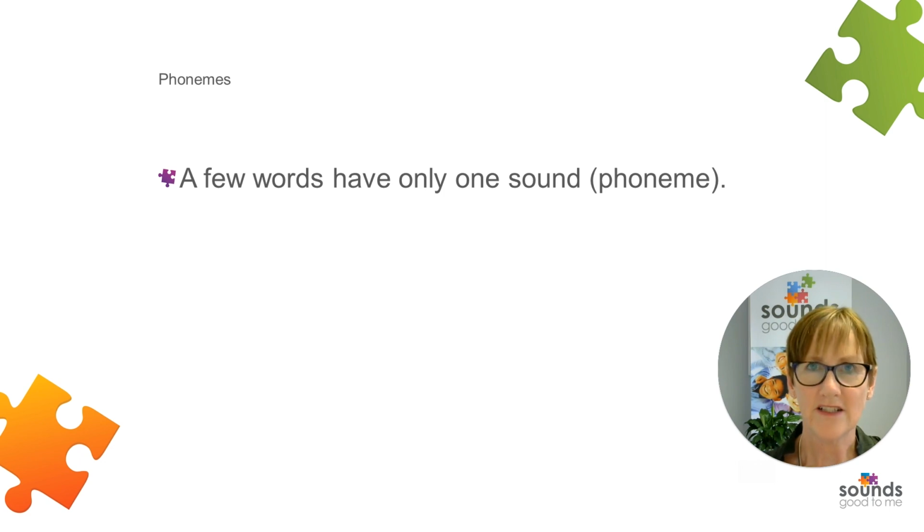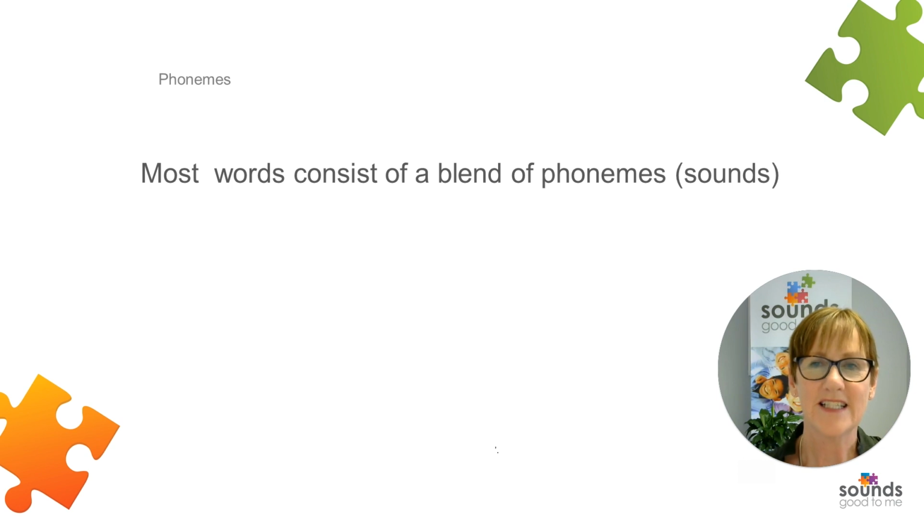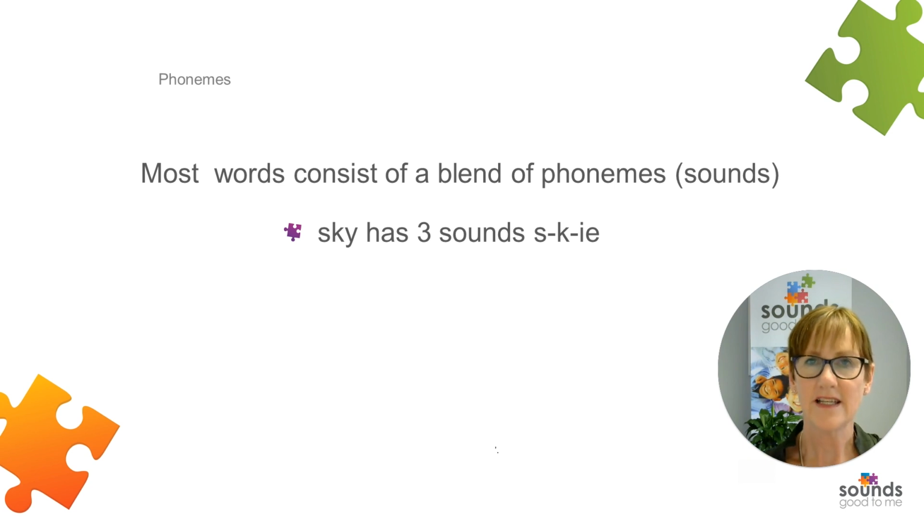A few words in English have only one phoneme or sound. So a has only one sound, or has only one sound. It's got two letters, but only one sound. And I. Most words consist of a blend of phonemes or sounds. Sky has three sounds.